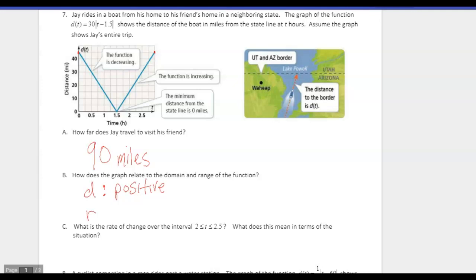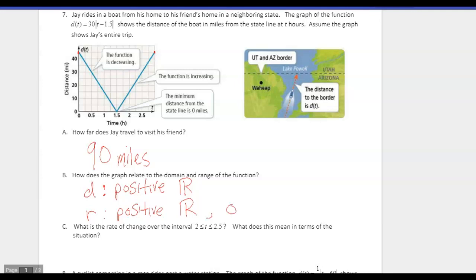And same thing with the range. The range also has to be positive. So you could be more specific and maybe classify that as positive real numbers. And you could probably set a limit on those, like saying maybe the possible range we could say is positive real numbers.